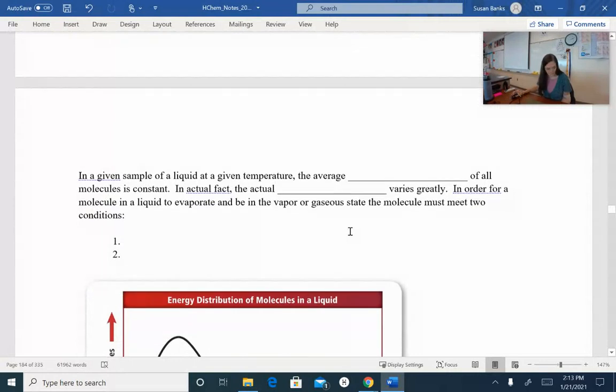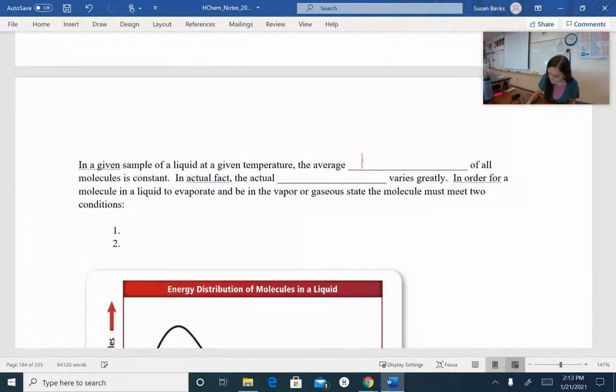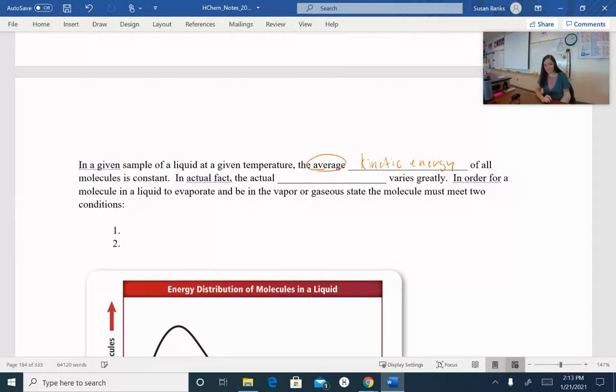Okay. In a given sample of a liquid at any given temperature, the average kinetic energy of all the molecules is constant. Now this is the key: the average. It doesn't mean that all of the molecules have the same kinetic energy.